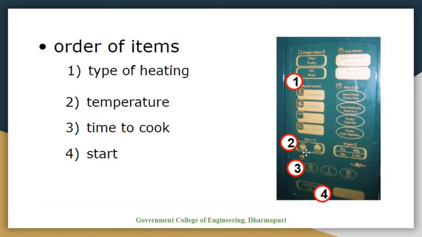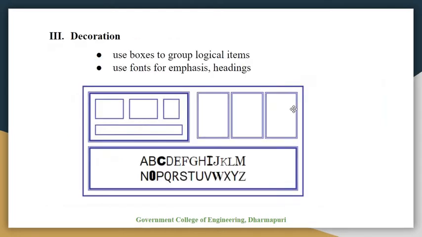And then time to cook, like 10 seconds or 1 minute or 20 seconds. And start we have kept at last. So if we are arranging the items, then we have to order the items in this manner.